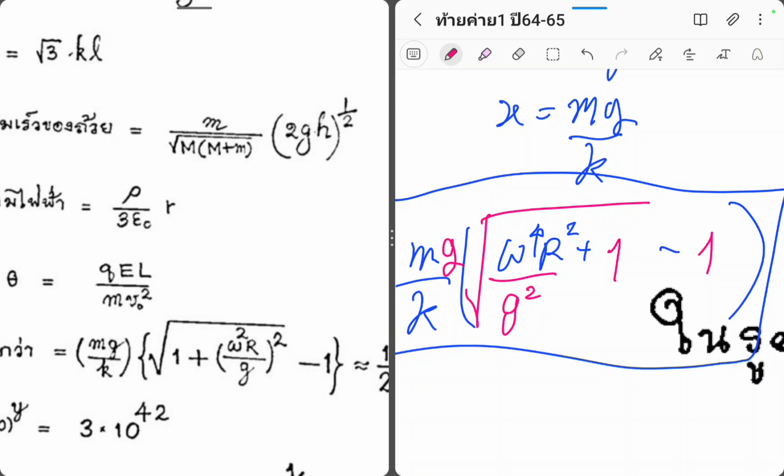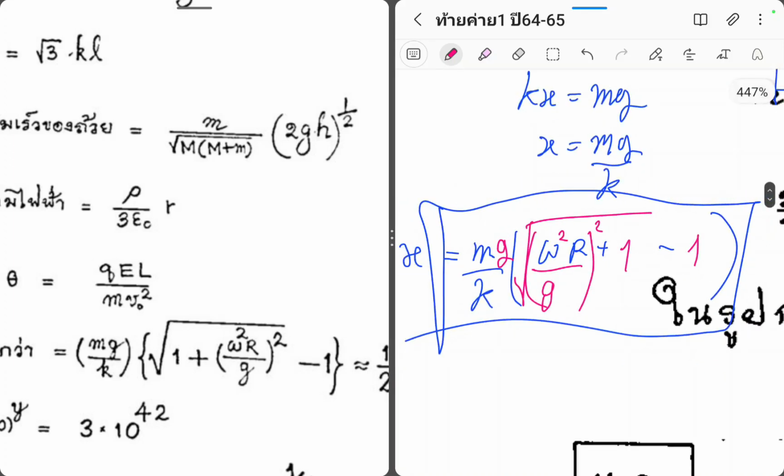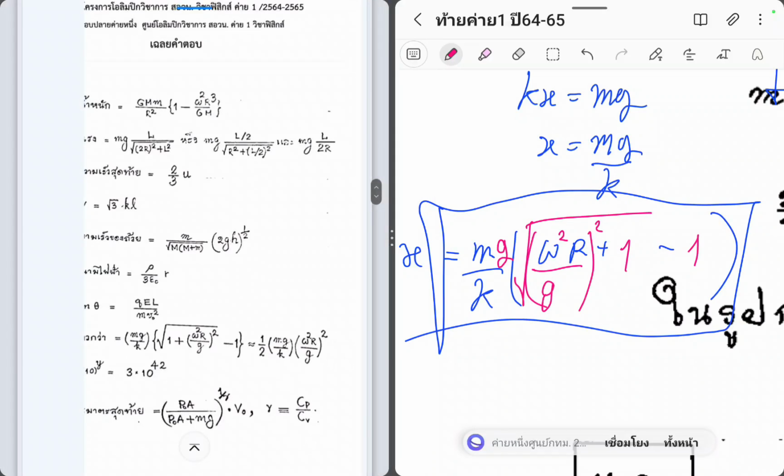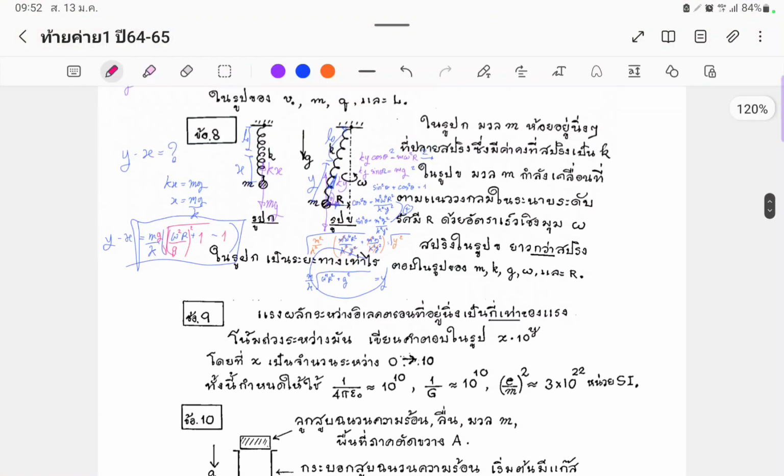Then we take the square out of this one, so it's going to be mg by k multiplied by the square root of omega squared r by g squared plus 1 minus 1. Yes sir, this is exactly the same, so this should be it.